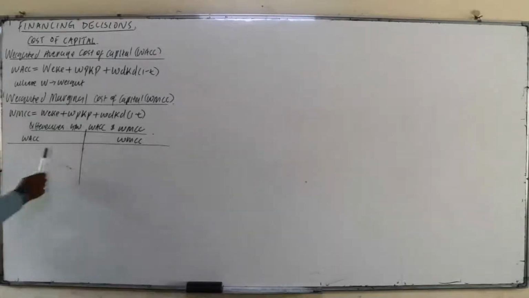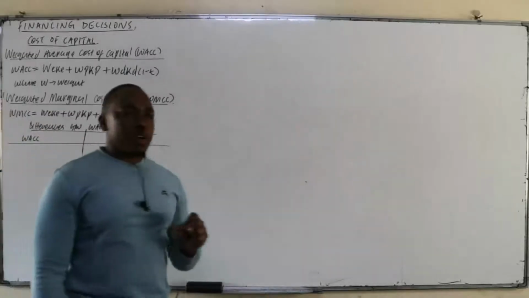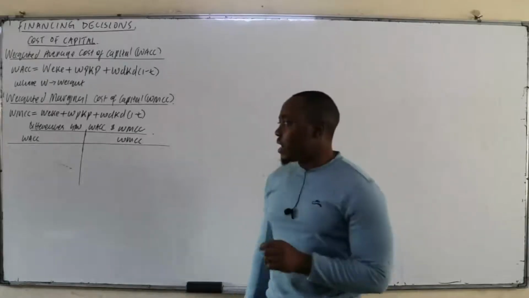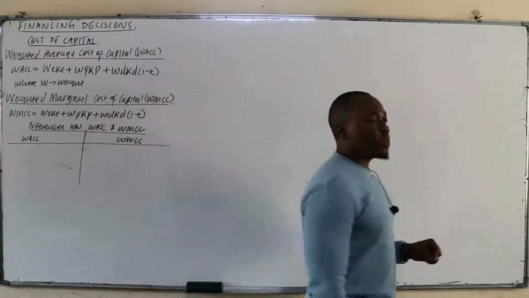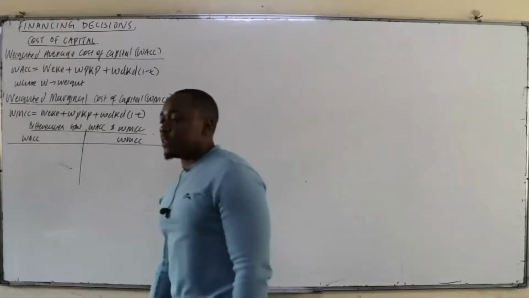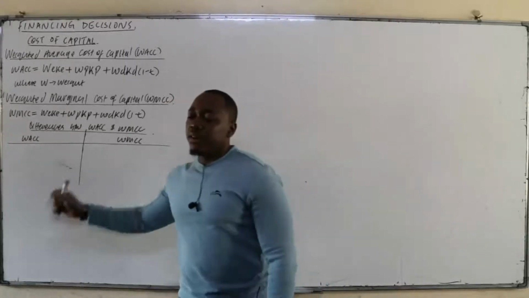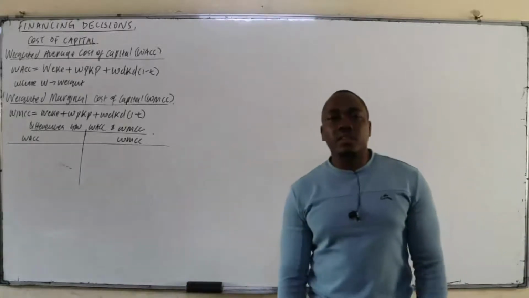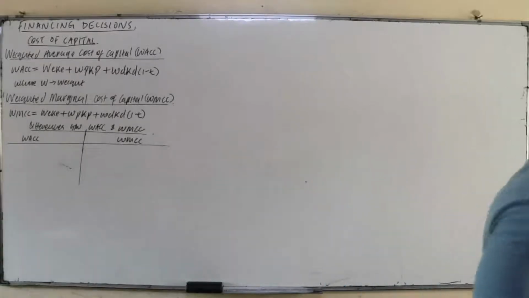So on one side we have WACC, the other side we have WMCC. Number one, on the side of WACC, it is the overall average cost of capital of the existing funds. On the other side, it is the overall average cost of the new funds to be raised.